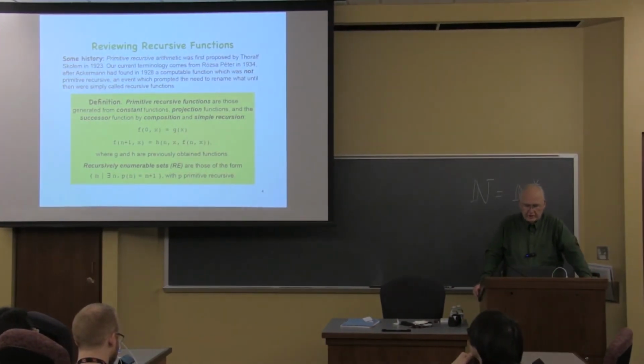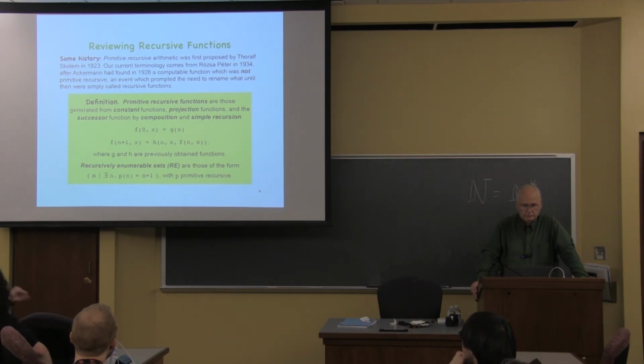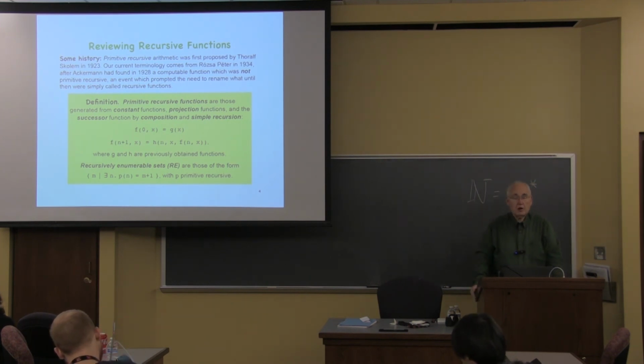Oh, I put in an extra part here, just to remind ourselves that recursive arithmetic was originally proposed by the Norwegian mathematician in the early 20s, but it was after the Hilbert School got on to formalization of metamathematics that a very serious study of recursion was done by Rózsa Péter from Hungary.